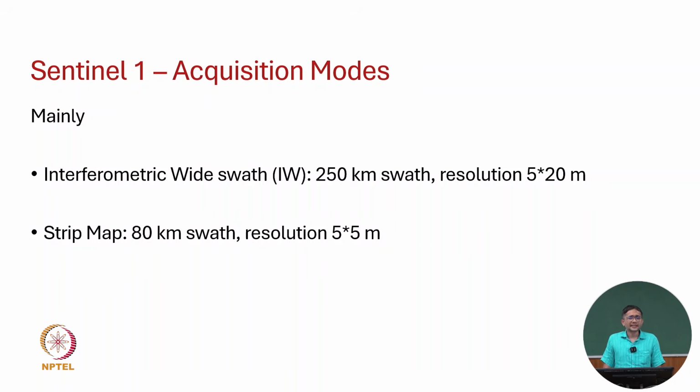Similarly, in the case of Sentinel-1, we also have acquisition modes such as IW, which has 250 kilometers swath with resolution of 5 by 20 meters. You see how the resolution may vary along different spatial directions, which is another important aspect here. There is also strip map mode.